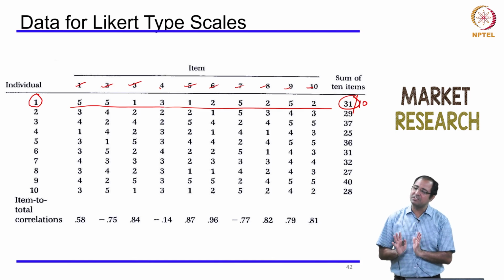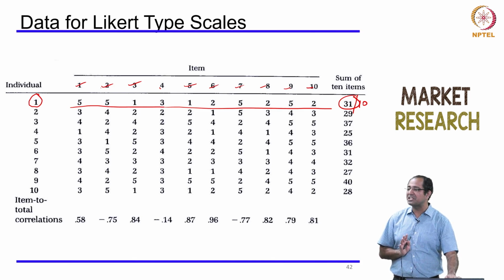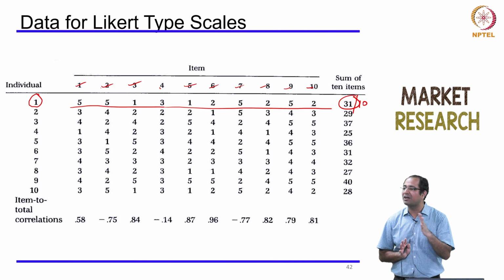You can either leave it just with the sum also, where you know the maximum score for each item is 5, 5 into 10, so out of 50 it is 31. You can take it as 31 out of 50, or 3.1 out of 5.